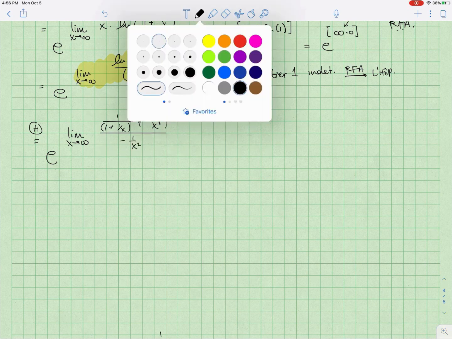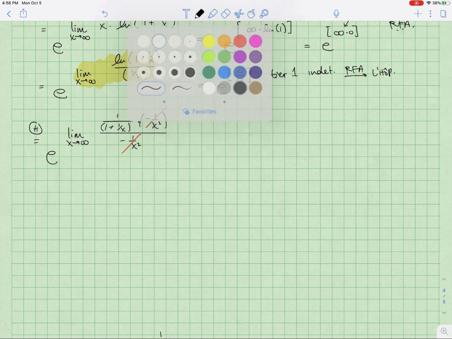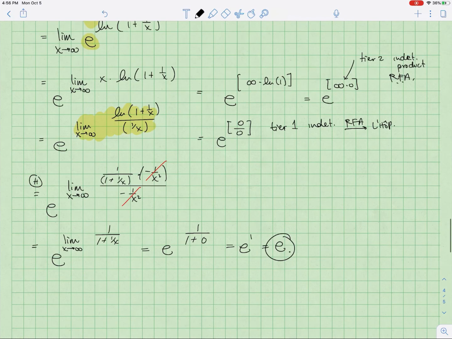And we'll get some cancellation here, and this will reduce and be e raised to the limit as x approaches infinity of 1 over 1 plus 1 over x, which is e to the 1 over 1 plus 0, which is e to the first, which is just e. And that's our result. That's the limit. E is the limit.